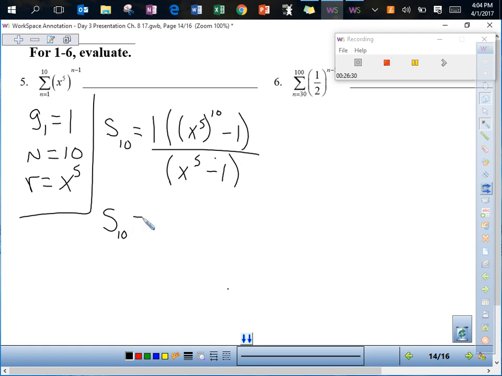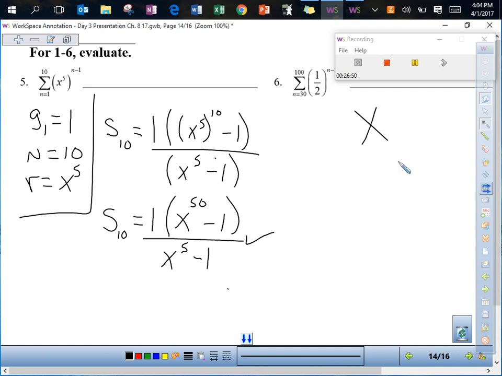All I can do to clean this up now, leave that 1 alone. X to the 5th to the 10th is x to the 50th. You multiply your exponents. Minus 1 over x to the 5th minus 1. There's the answer in this case. I'm going to skip number 6 because it's just like number 4. So we'll skip that one.